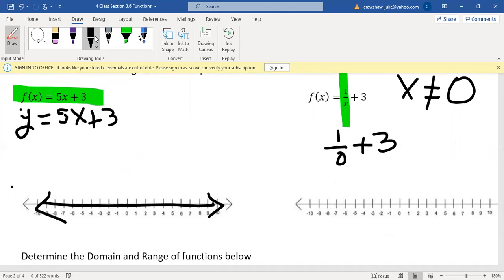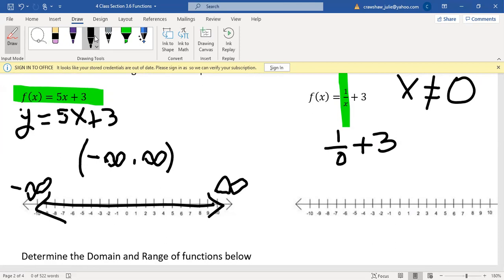Now, a number line goes further and further and further to the left, that's negative infinity, and it goes further and further and further to the right, which is positive infinity. So if I want to write my domain in interval notation, I say parenthesis, negative infinity, comma, positive infinity, parenthesis, which represents the entire number line.